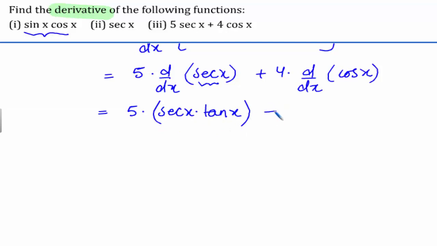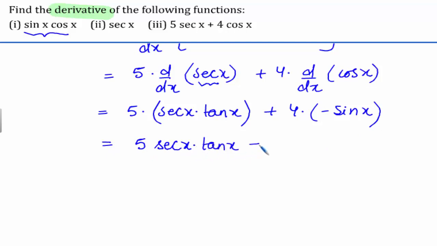Therefore, the derivative of the function 5 sec x plus 4 cos x is equal to 5 sec x into tan x minus 4 sin x. This completes the solution.